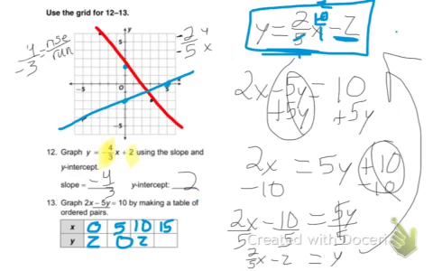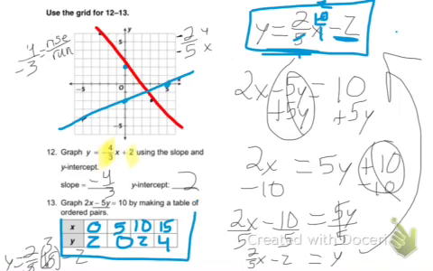So if we use 15, we'll rewrite the equation: y equals 2/5 times 15 minus 2. This is 1, this is 3, so that's 6 minus 2, which gives us 4. You just plug the numbers into the equation, and this is just an example. Yours might be a little different, but as long as it follows the equation, which is y equals 2/5 x minus 2, then you should be good.